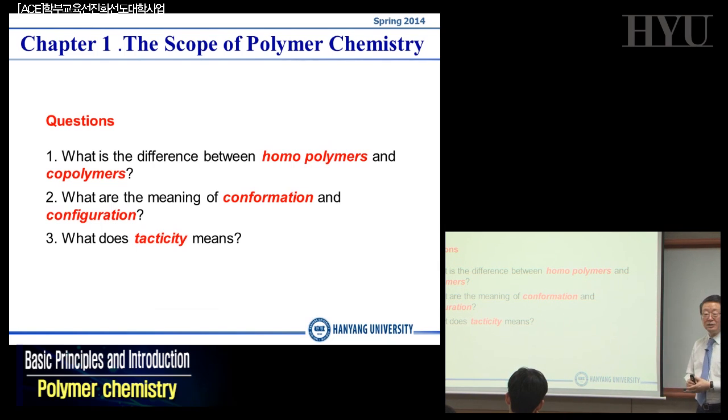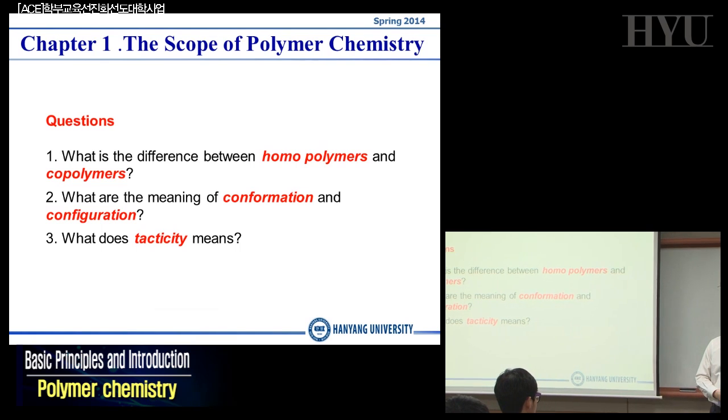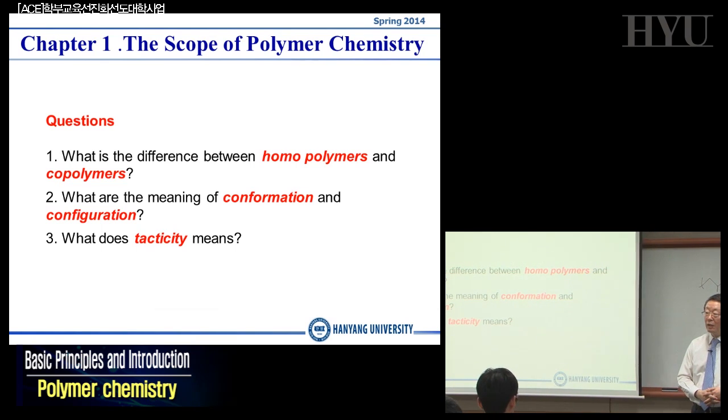What about the tacticity? Have you heard about the tacticity? Perhaps not. Well, we will tell you a little bit more about this tacticity. But have you heard about polypropylene?